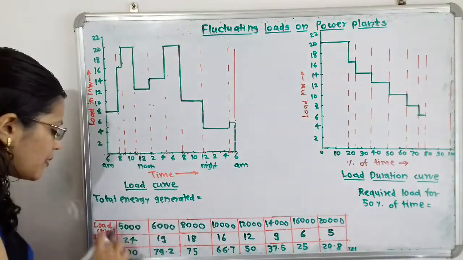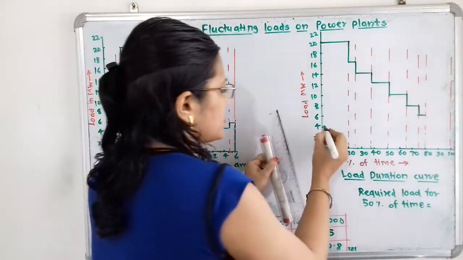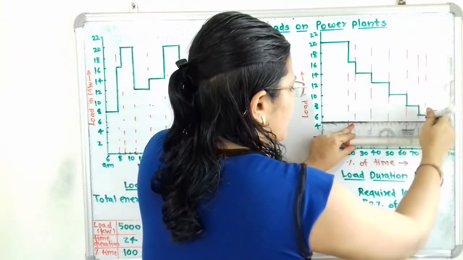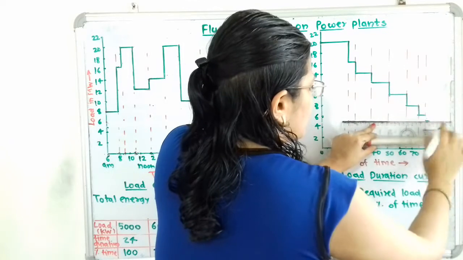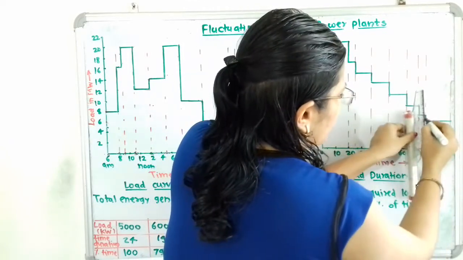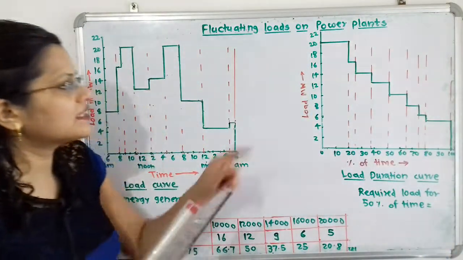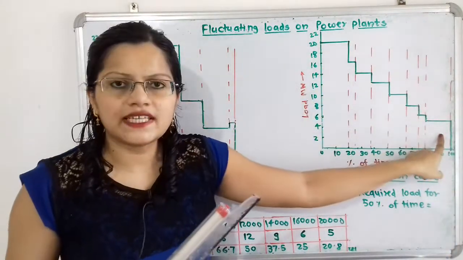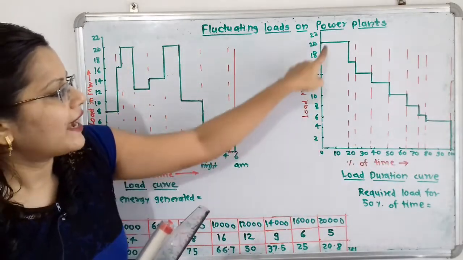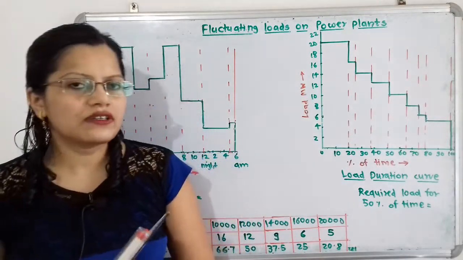And then minimum load is 5 megawatt and 100%. For this 5, it is in between 4 and 6, so we will select the middle point and draw this horizontal line up to 100% and join this corner. So this is the curve in descending order. This descending order is about load and this is known as the load duration curve.